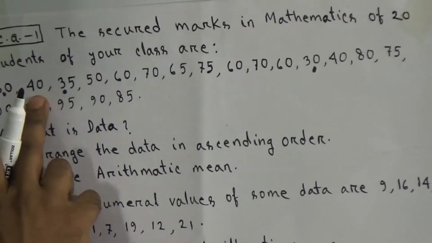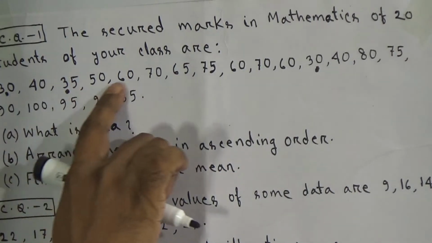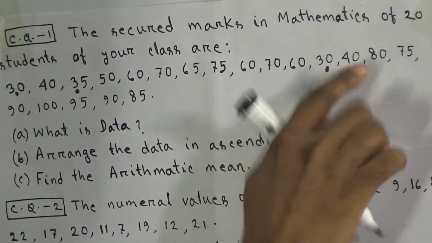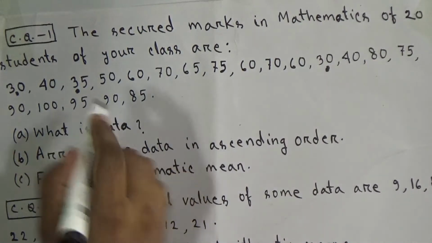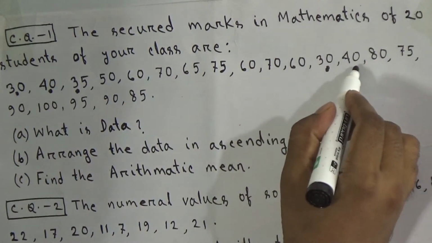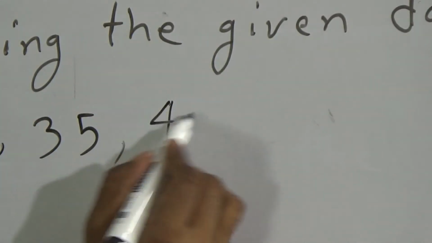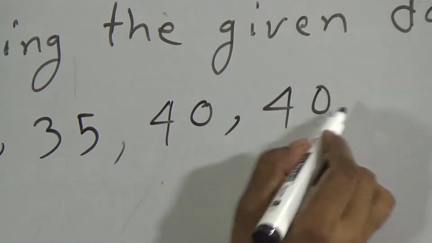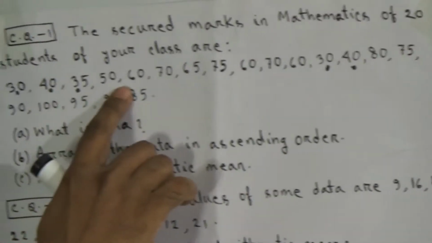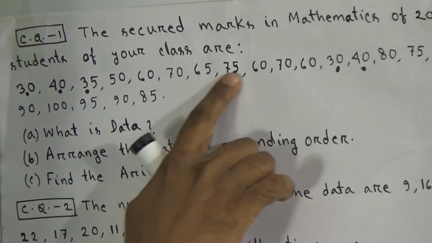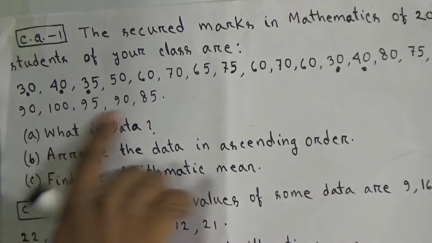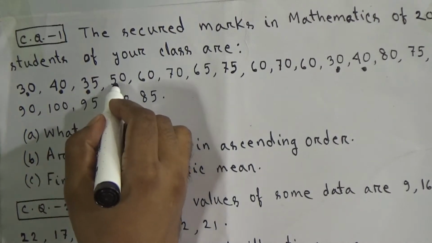After 35, which number is the smallest here? 40 exists here. 2 times 40 exists here. So we'll write now 40 in 2 times, 40 and 40. Now after 40, which number is the smallest? Here 50 exists, only 1 time.